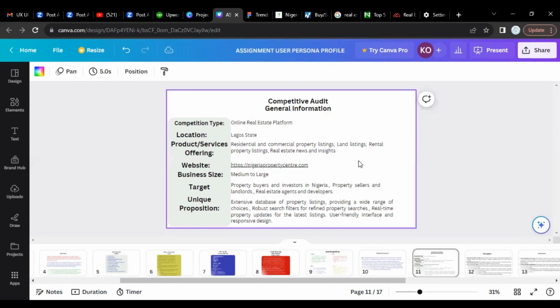This is the actual location you have to put in.